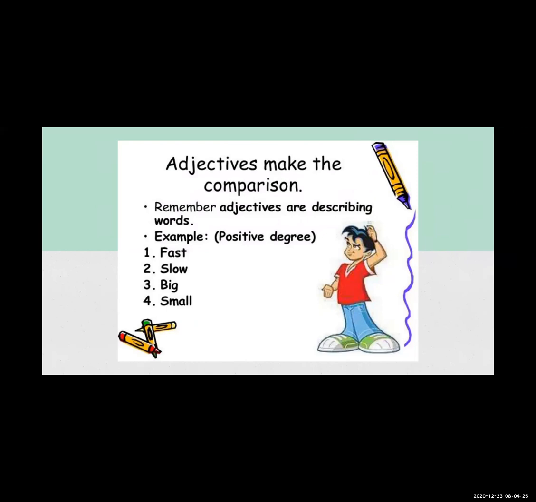So when I am saying fast, it is telling you something that is running. Then slow means how is he going? He is going slowly and steadily. Then how is the building? The building is big or the building is small. So they are describing. Adjectives means describing words.